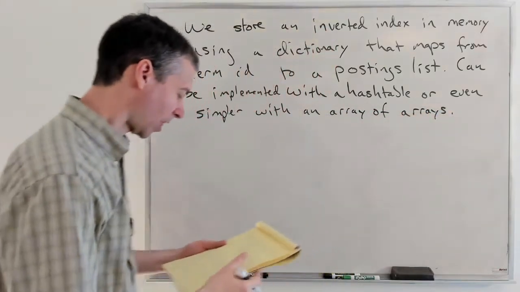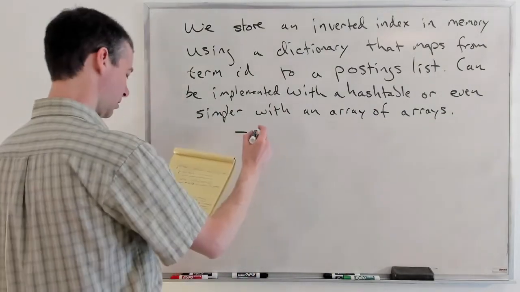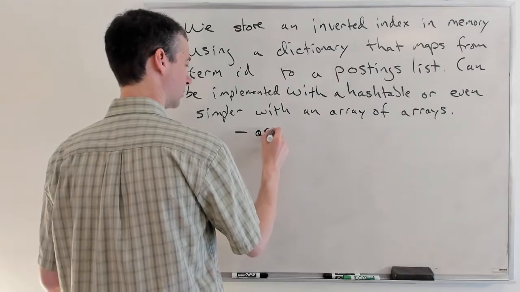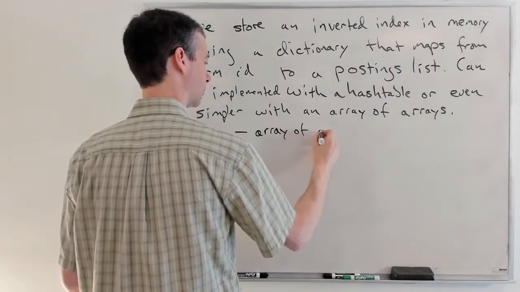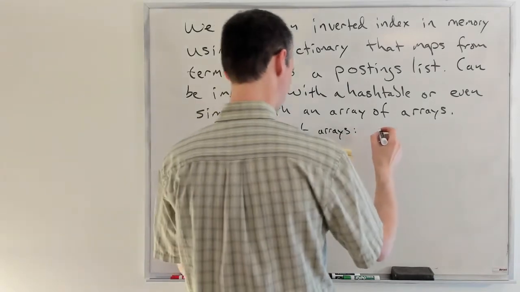All right. So the great thing about, again, array of arrays is that this thing is compact and fast.